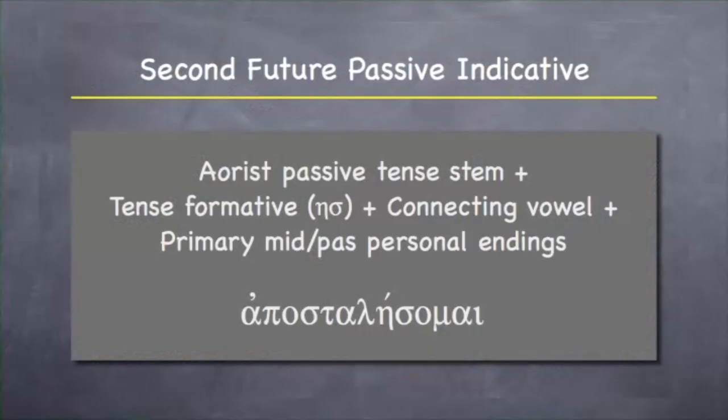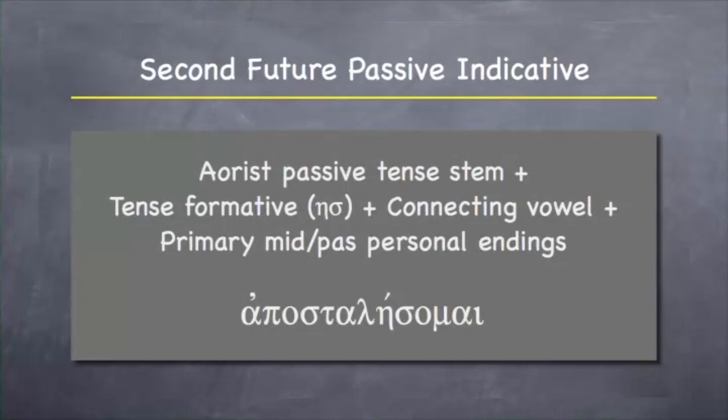If the aorist passive goes from theta eta in a first aorist to eta in a second aorist, then the first future, which is theta eta sigma, is going to go to eta sigma in the second future passive. So the second future passive is formed with an unaugmented aorist passive tense stem, the tense formative eta sigma, a connecting vowel, and again, primary middle passive personal endings.